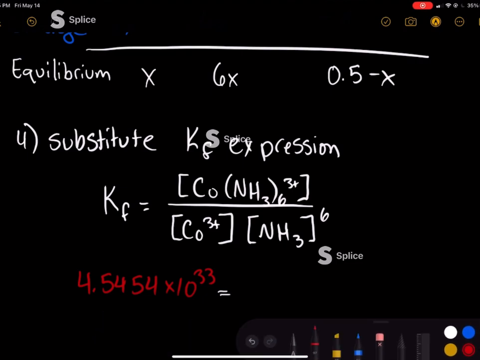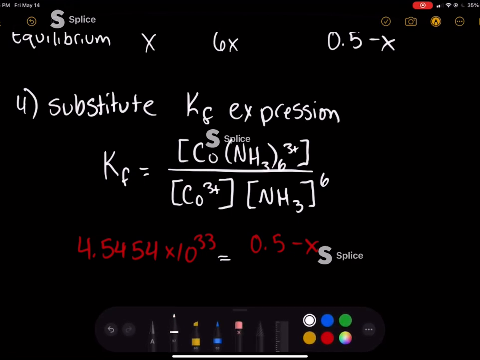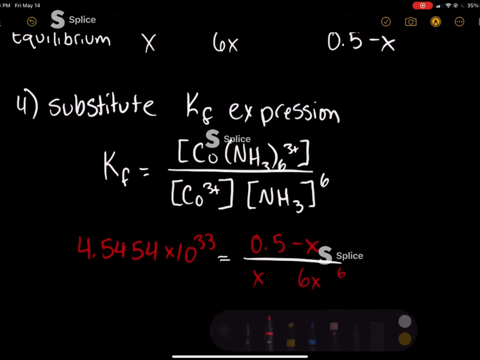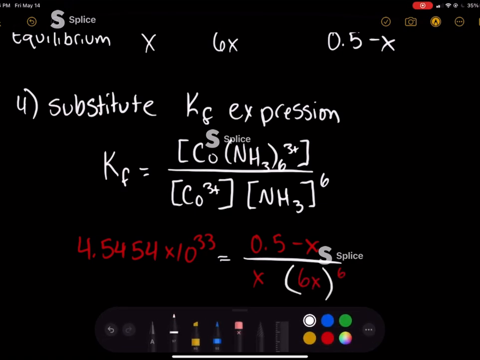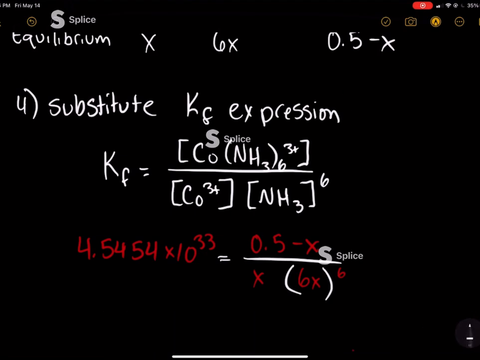So we have 0.5 minus x over x times 6x to the 6th. Make sure that this is in parentheses because it's the whole expression here that's put to the 6th.